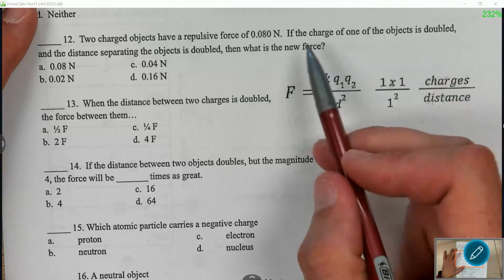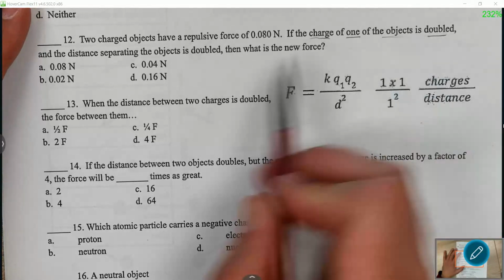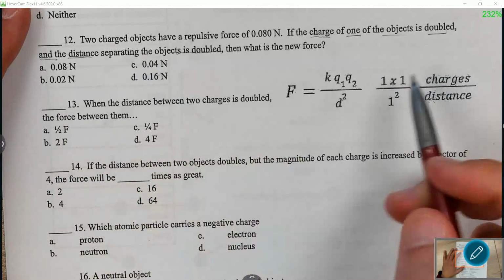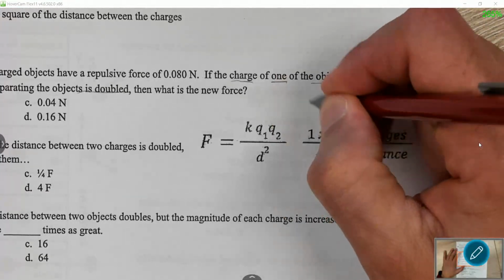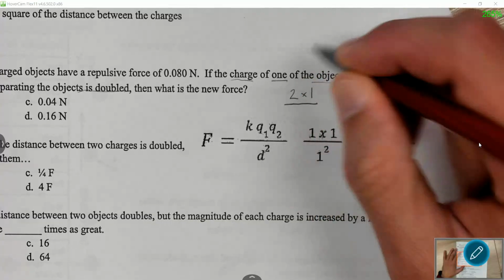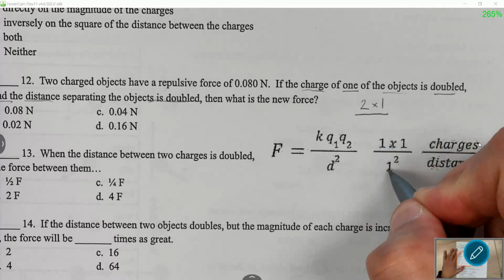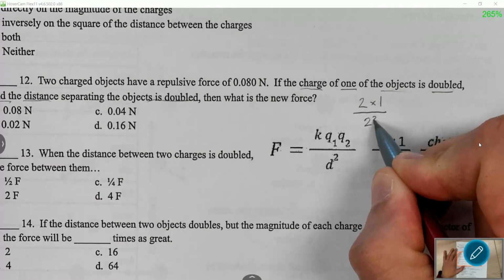So in this one, if the charge of one object is doubled and the distance is doubled, what do we do? The charge on one of them doubles, so one of these is going to become a 2. They didn't say anything about the second charge, but then they said the distance is also doubled. We have to make D, the 1 on the bottom, turn into a 2, but you have to square it. Let's play that out.